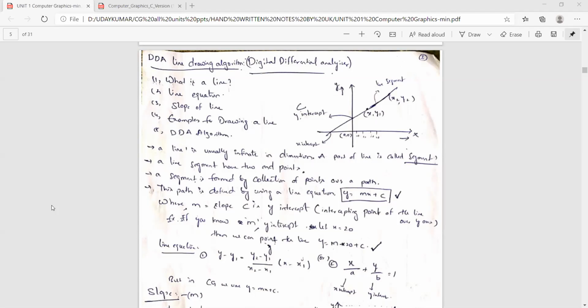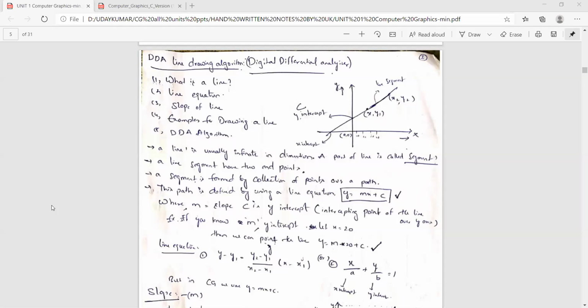You can define the path by using the equation y = mx + c, called the slope equation, where m is the slope value and c is the y-intercept value. Y-intercept means the point at which the line cuts the y-axis.